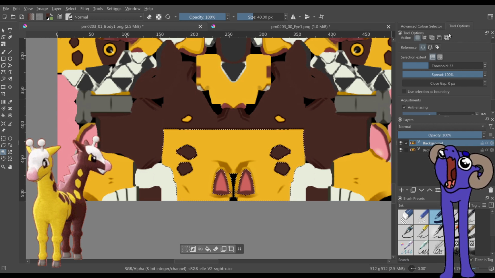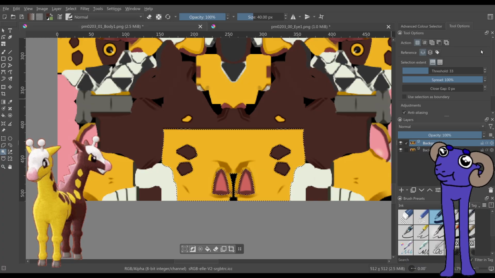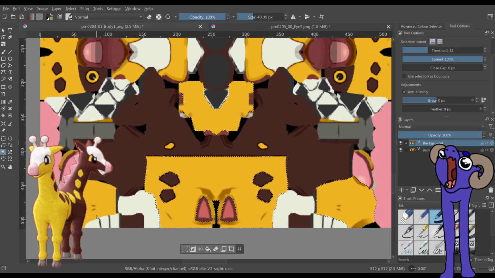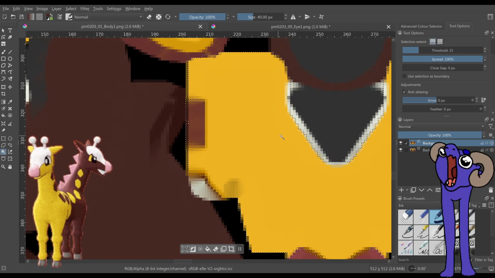Like on Paint.NET there's an option for when you select, it selects everything of the same color, but I don't think that's an option on here. So, oh, I do not want that selected. Does that work?